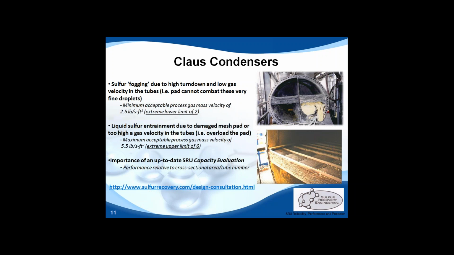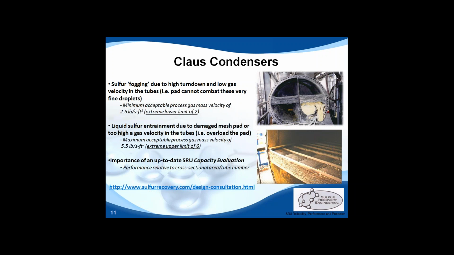There is a difference between a sulfur conversion number and a sulfur recovery number, because no matter what we do, we're never going to have 100% efficiency in a Claus condenser.